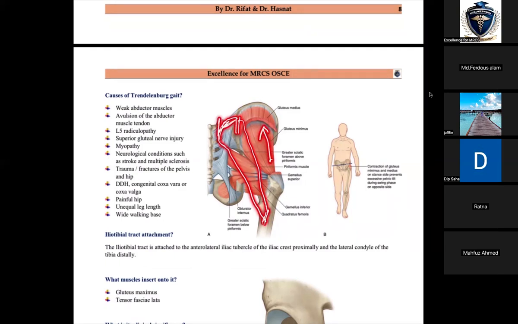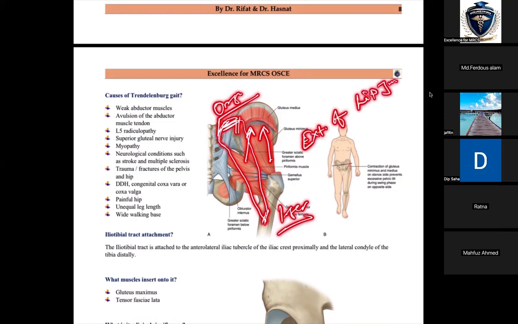This is the origin, and this is the insertion. If we're pulling this muscle this way towards the origin, what about the hip joint? Will it be flexion or extension? Will it go forward or backward? Extension. Yes, extension of the hip joint.